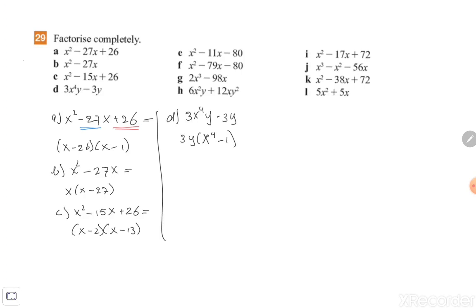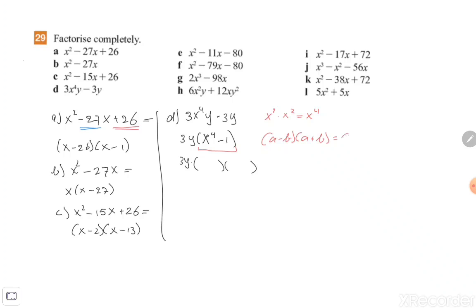And now we need to look at this part inside the brackets. So we're going to multiply 3y with two other brackets. First we have a look at x to the power 4. If you multiply x squared with itself, then you get x to the power 4. So think about a remarkable product like a minus b and a plus b.